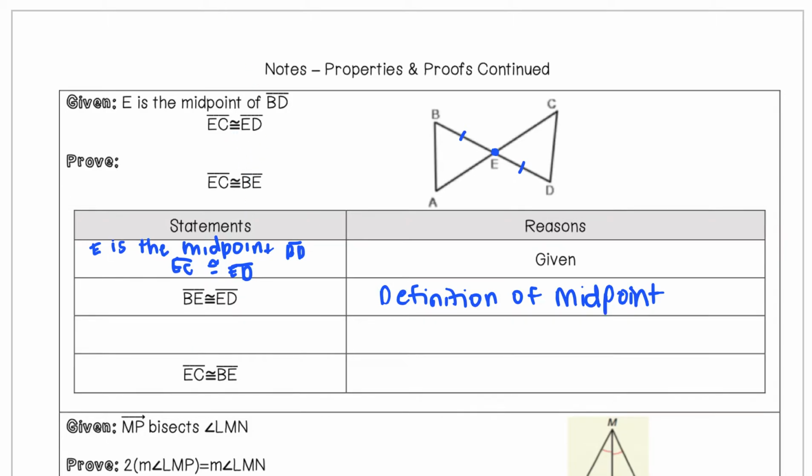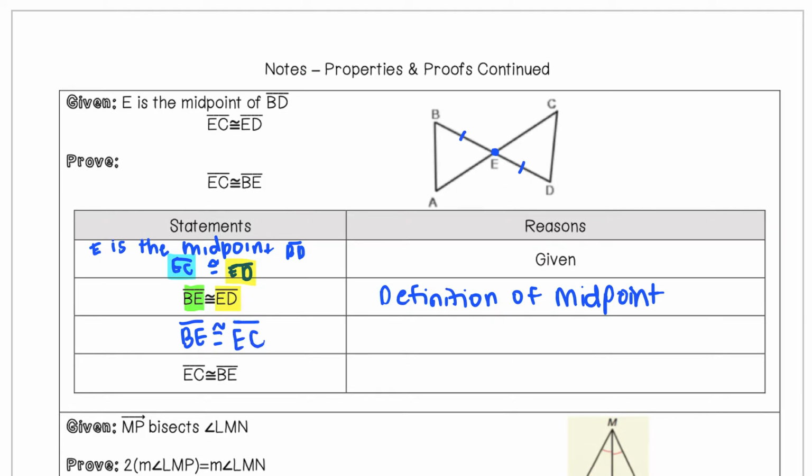So when I look at what has happened above, I can see that ED is showing up in my first line and my second line. It's congruent to EC and it's congruent to BE. So what I'm going to write is that BE is congruent to the segment EC.